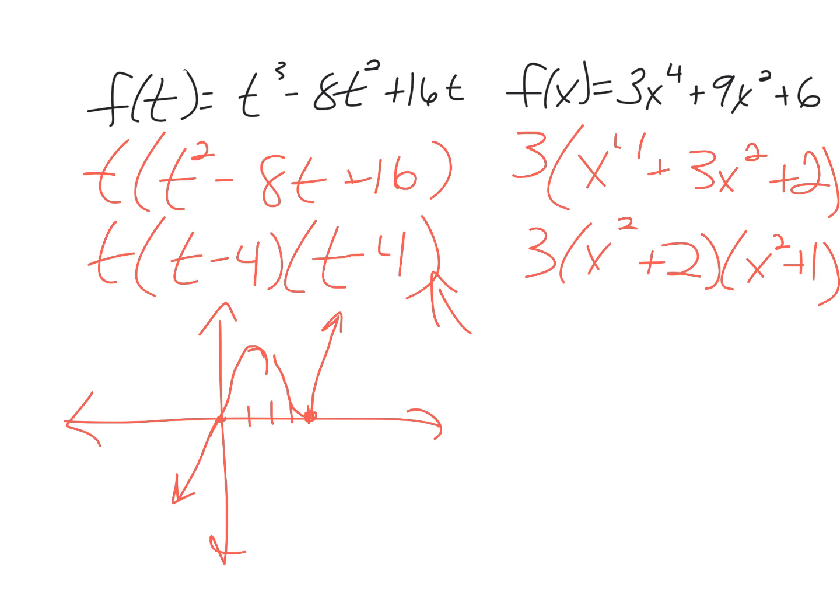So in that case, let's just draw what we can. We know the y-intercept is at 6, and we know it's going to be an up-and-up function. The vertex is there too, so it's going to do one of these, up and up, not touching the x-axis at all.